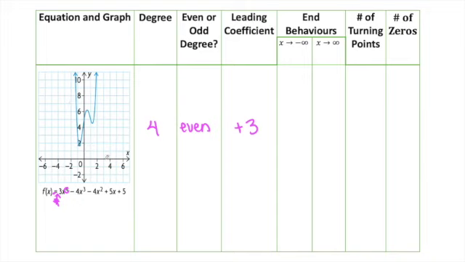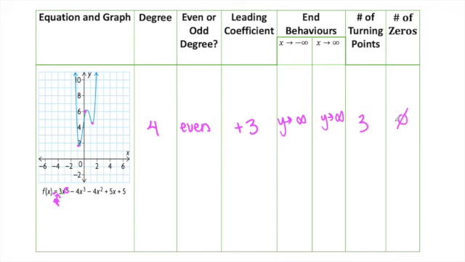As x approaches positive infinity, y approaches positive infinity. Number of turning points, 1, 2, 3. And your number of zeros, we don't ever cross our x-axis here, so you have 0 zeros, if you want to state it that way.